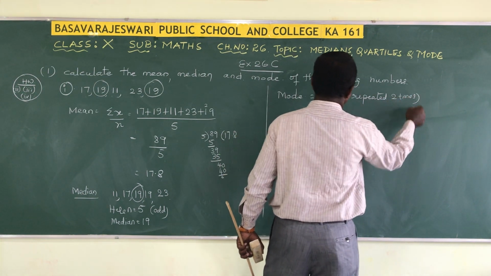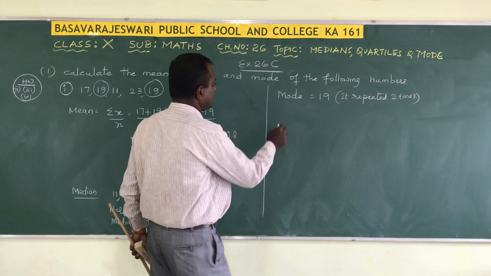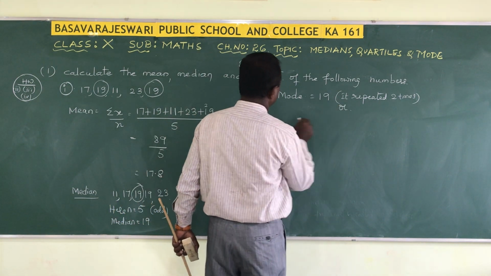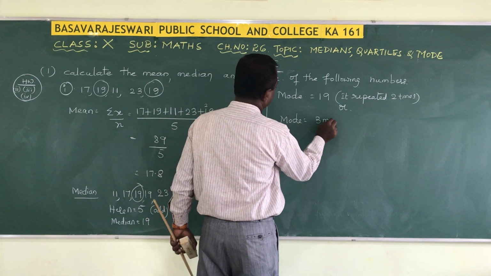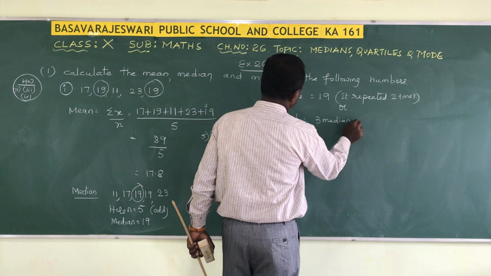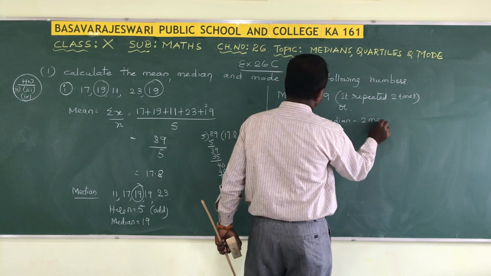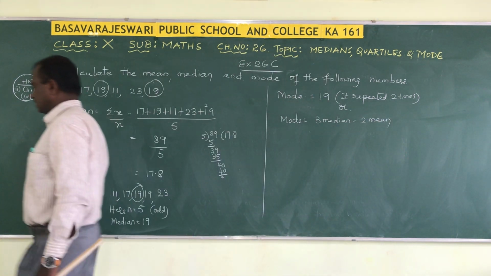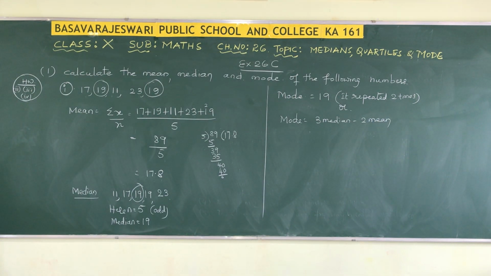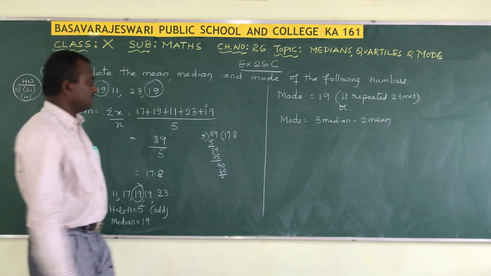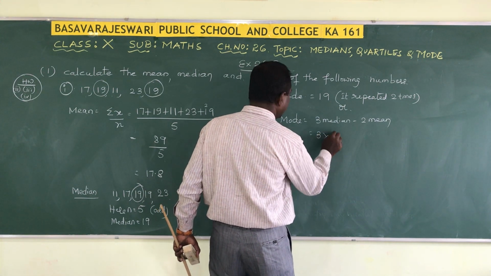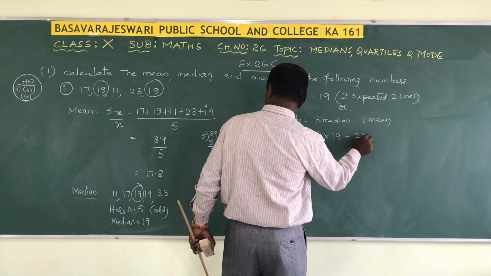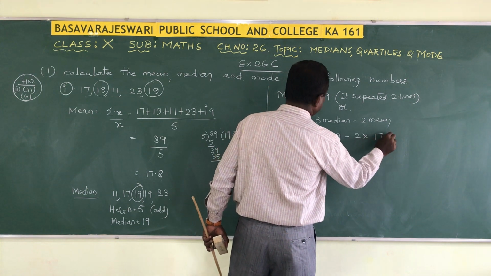Or we can use the empirical formula, mode is equal to 3 median minus 2 mean. So 3 into the median, which we got as 19, minus 2 into 17.8.